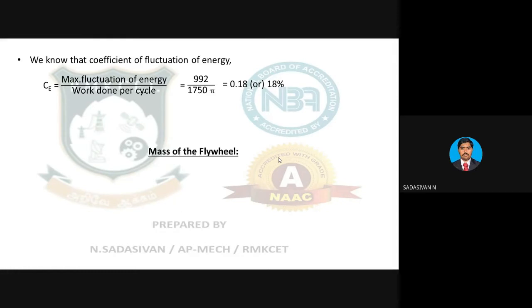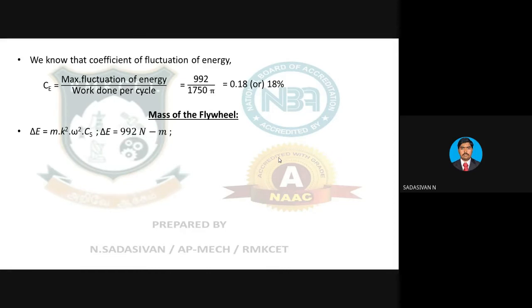Next, the mass of the flywheel. This is the second question. Delta E equals the same formula used in the last problem, m k square omega square Cs. Delta E, which you just found, is 992, k is 1.75 meter, omega is 10.47, and Cs, the coefficient of fluctuation of speed, is given in the question itself, 1.5 percent, 0.015.